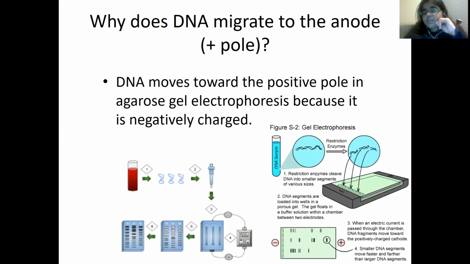So when we look at gel electrophoresis or any other methods that involve moving molecules by their charge, DNA goes from negative to positive because the DNA itself is negative, right?